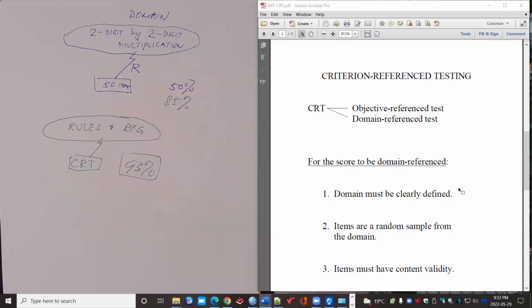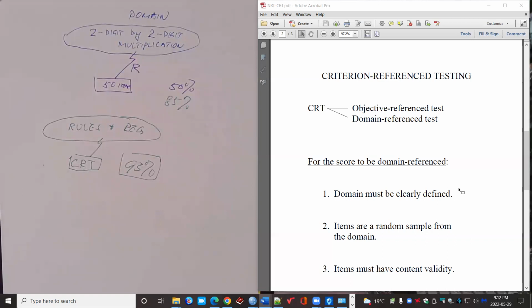Now, other examples of criterion reference tests are mastery tests, minimum competency tests for basic skills, reading readiness tests, to name a few.